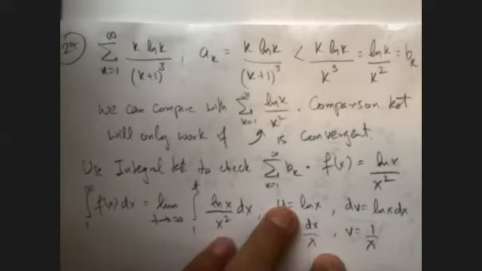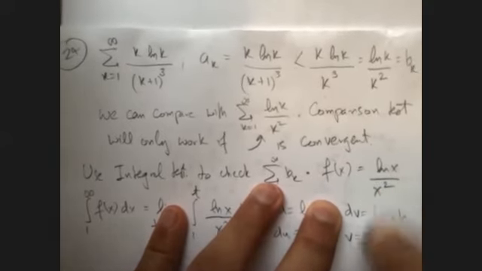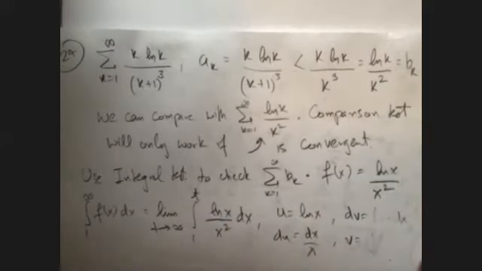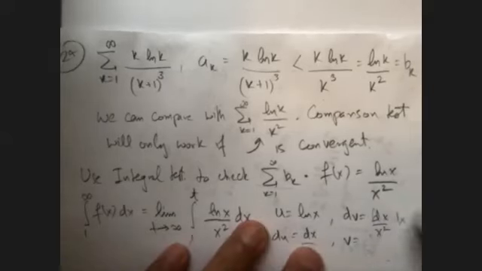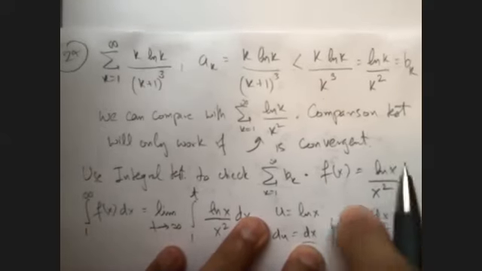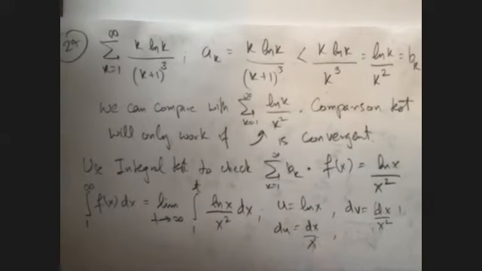So u is ln x, du is dx over x, dv is the remaining part, dx over x square, and then v becomes minus 1 over x.